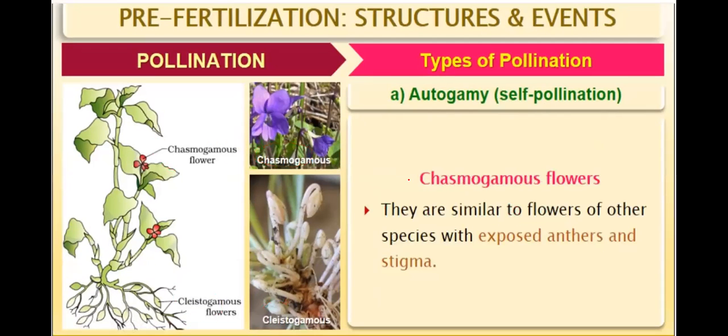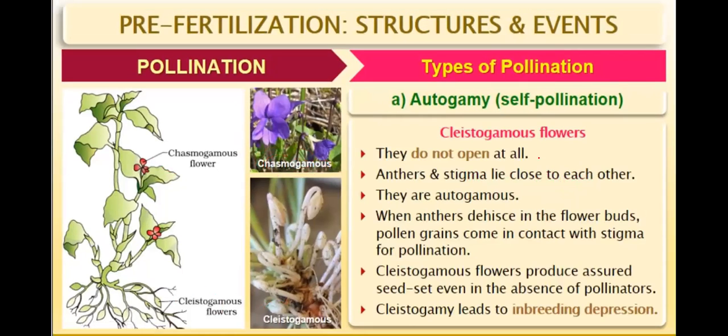Now, what do you mean by chasmogamous flower? They are similar to flowers of other species with exposed anther and stigma. So chasmogamous flowers are having exposed stigma and anther. Anther is exposed as well as stigma is exposed. That flower is called chasmogamous flower.